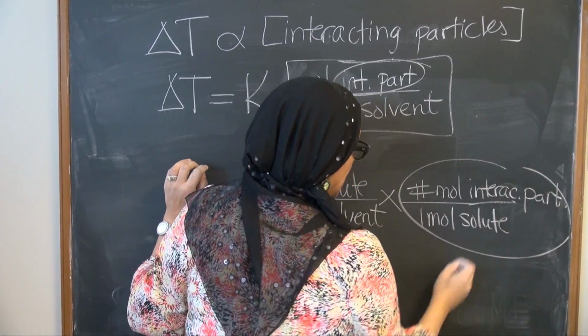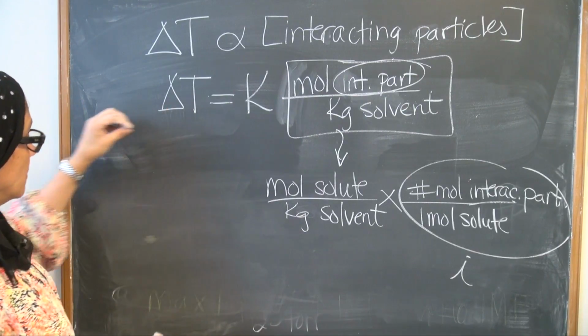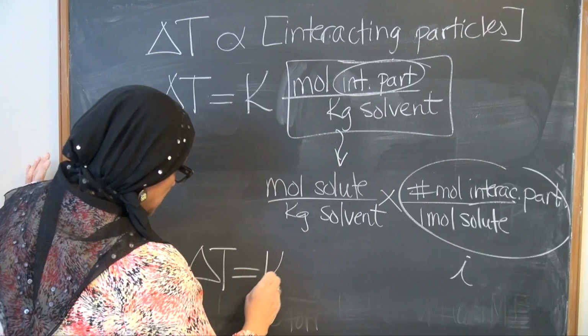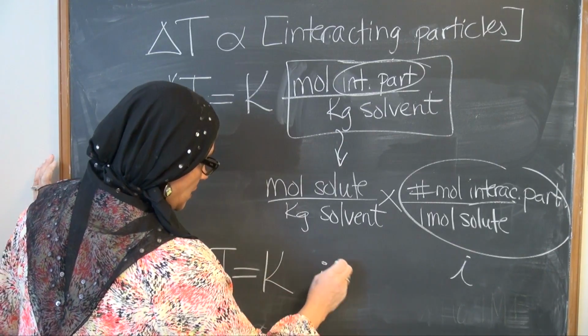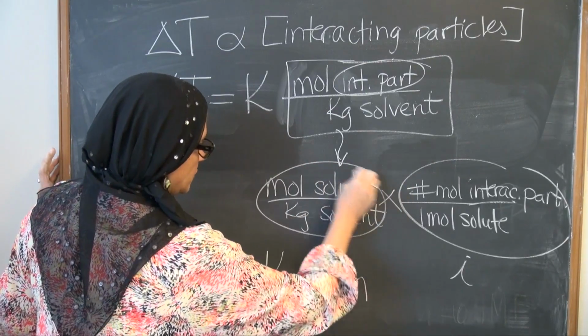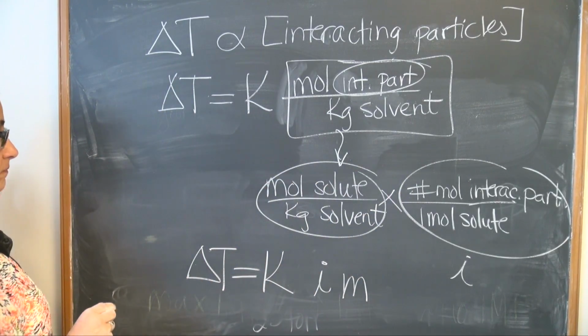This is called the Van 't Hoff factor, or i. So this comes then to the change in temperature is equal to K times the Van 't Hoff factor times the molality of the solution.